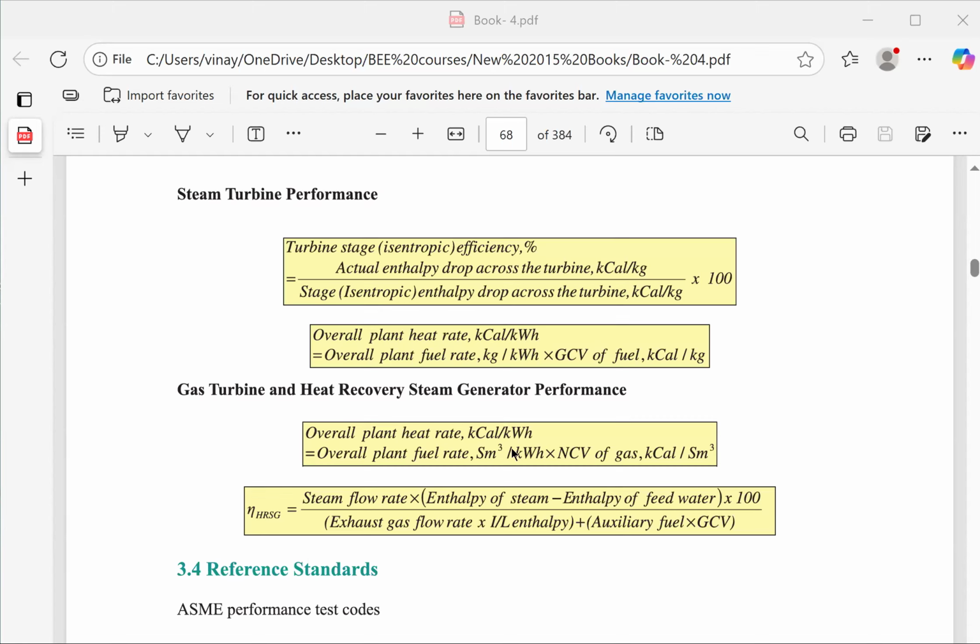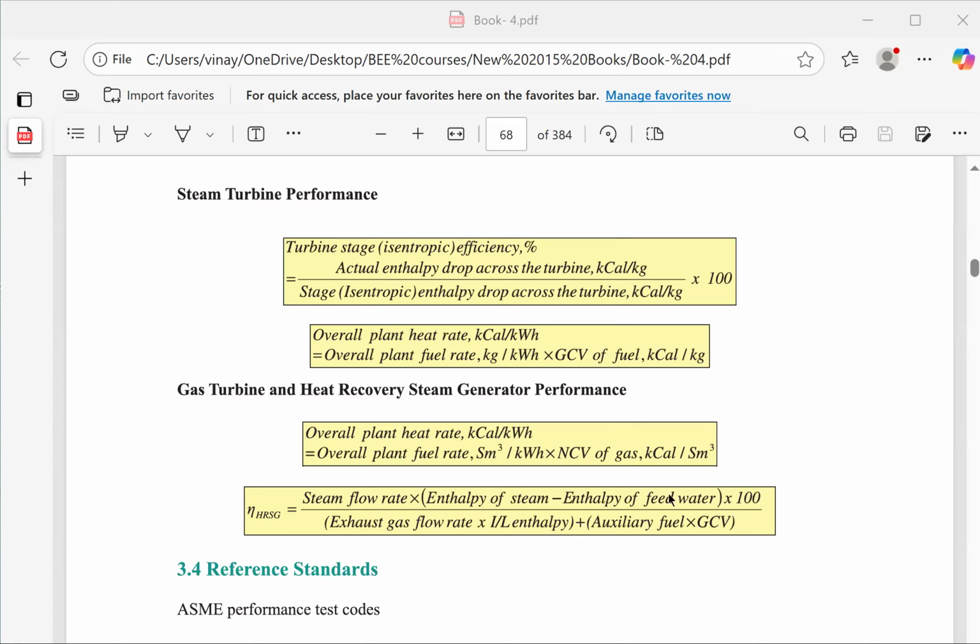Overall plant heat rate is the overall plant fuel rate, that means so many cubic meters of gas supplied to the turbine, multiplied by the NCV of gas. Remember, the gaseous fuel calculations involve the NCV of gas, net calorific value. That is normally given for calculations. In the input data, you will find that the parameters are given.